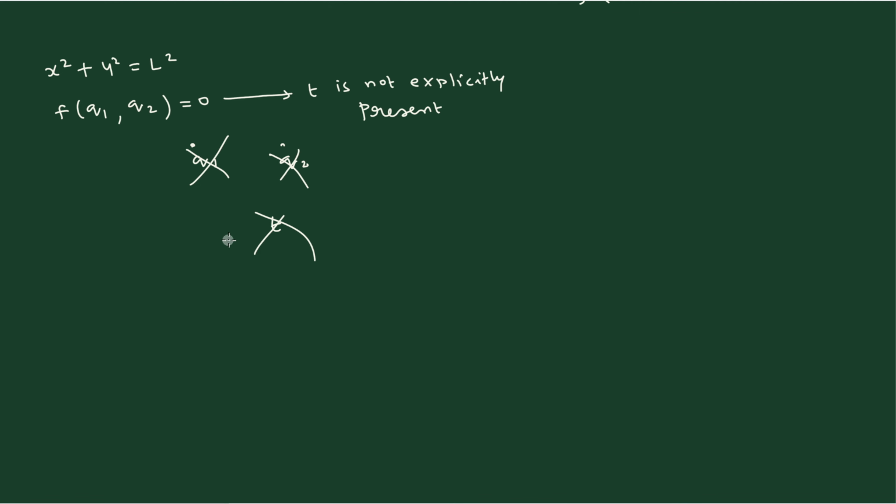So like this, there are many situations where this will happen, and therefore there is a further classification of the constraints. Whenever the time is absent or whenever time is not explicitly present, then those constraints are known as scleronomous constraints.